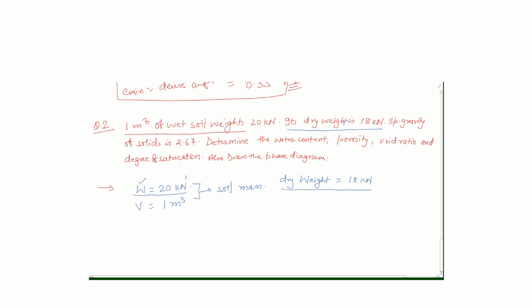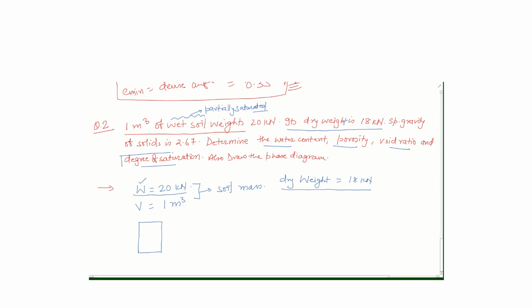So if we look at the configuration of these two, I am drawing the phase diagram here. In this phase diagram, I have assumed that the soil is going to be partially saturated. That will be confirmed after we determine the water content, porosity, void ratio, and degree of saturation.